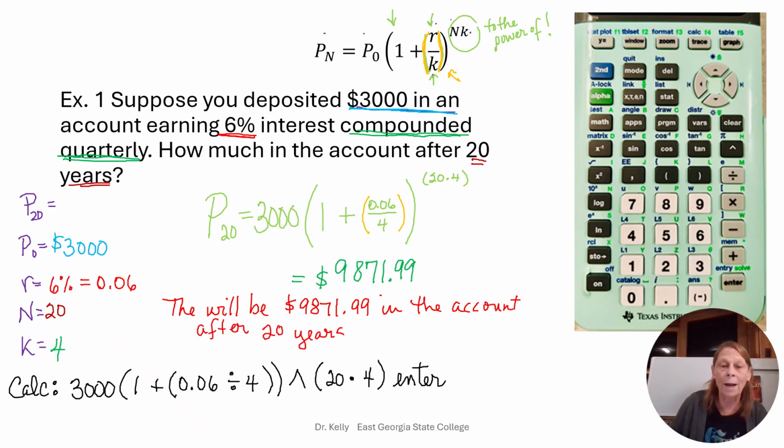Please do not round it to the whole number. Please give me the cents. I need all the way through to the penny.